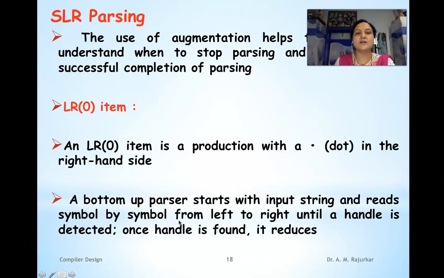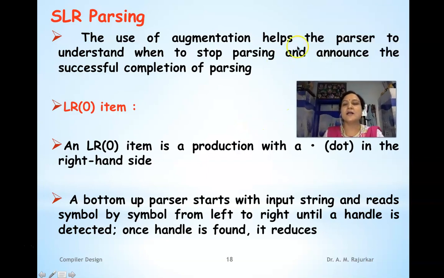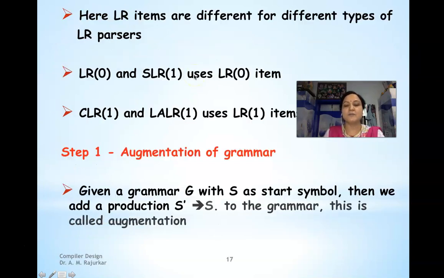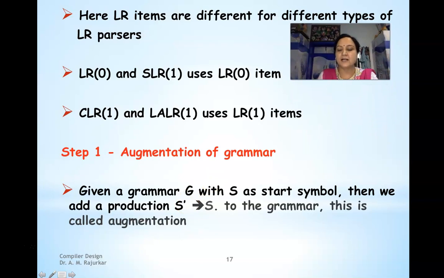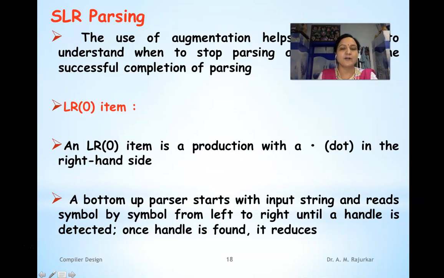We'll see the advantage of augmentation. It helps the parser understand when to stop parsing and announce successful completion. When we reduce and reach the start symbol, with the augmented production, reducing S to S', we can conclude that we have successfully parsed the input string. That is the reason why we have to augment.